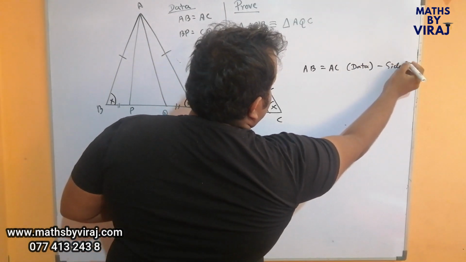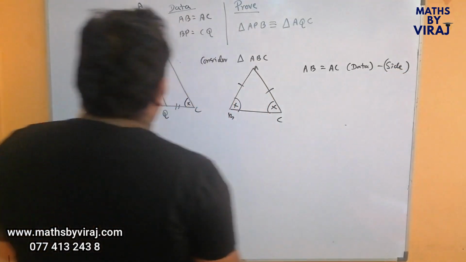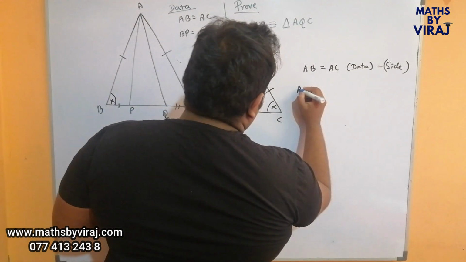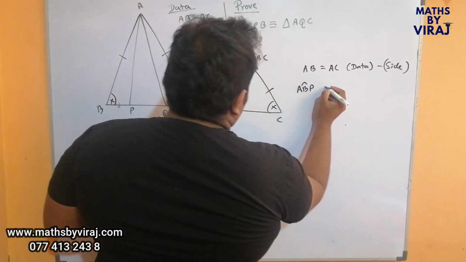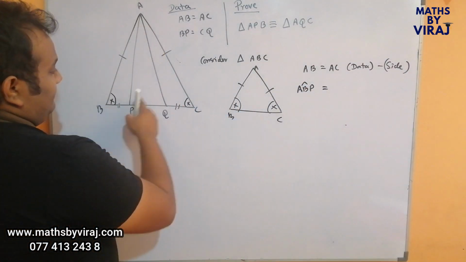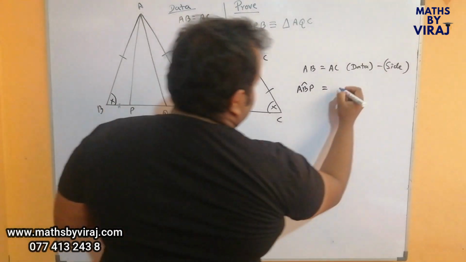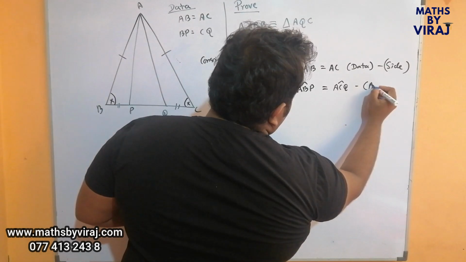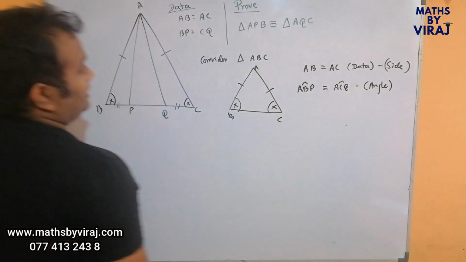Also, this is a side. Fine. Then we can say that angle ABP is equal to angle ACQ. This is an angle. Right.